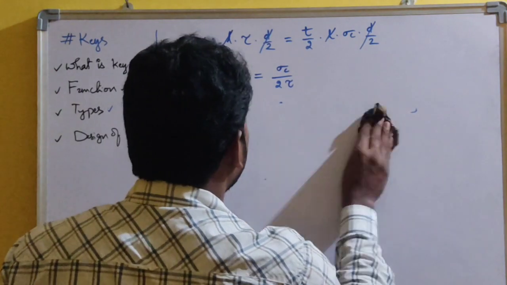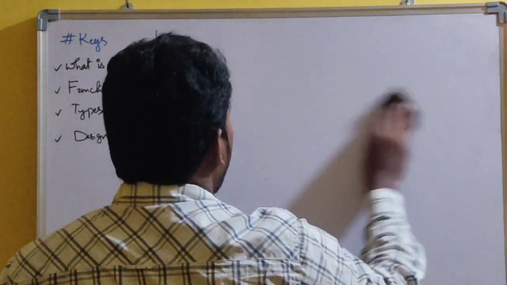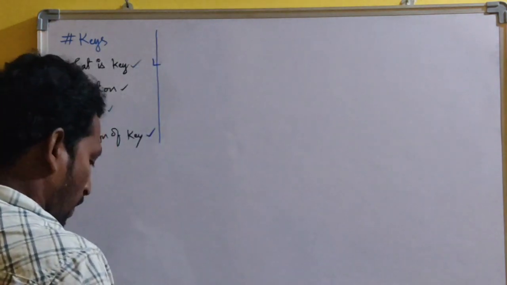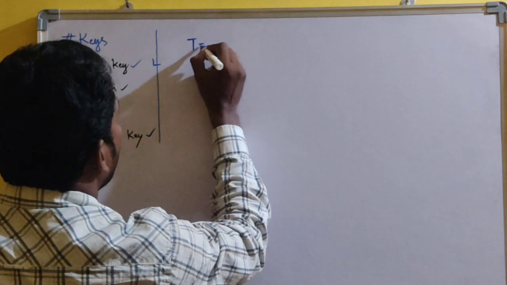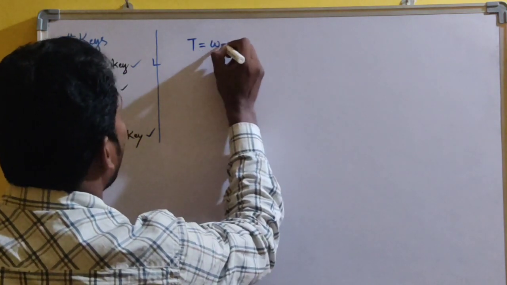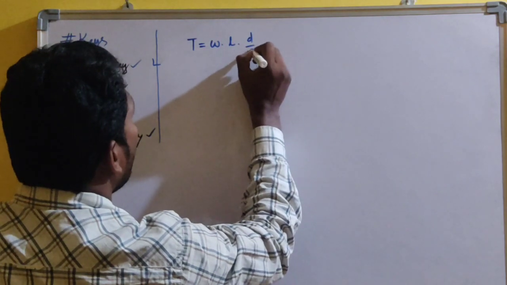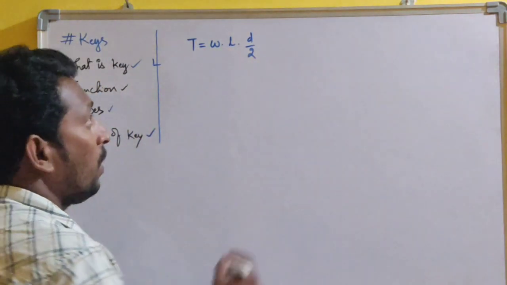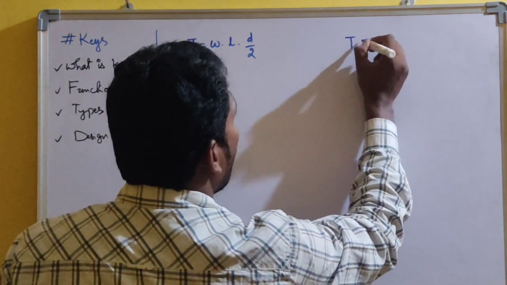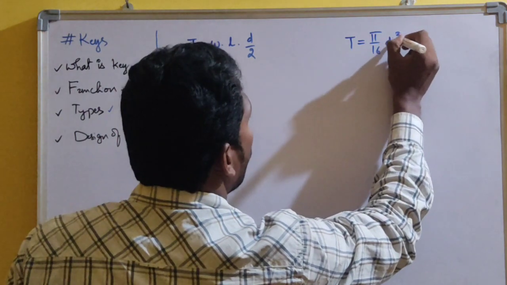Now, in order to find out the length of the key, as we know the relation T equal to W into L into d by 2 into tau, based upon the shear failure, and we can write the torque formula, that is pi by 16 d cubed into tau.